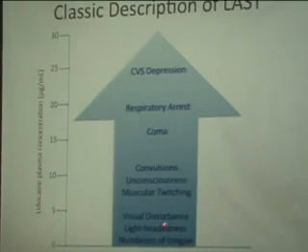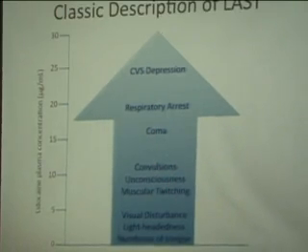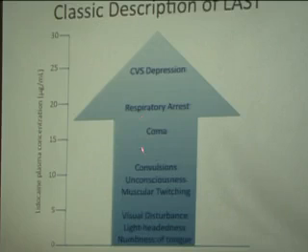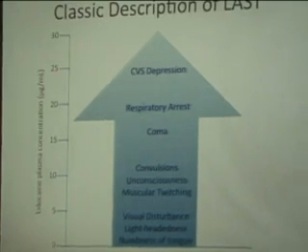The classic descriptions start off with some non-specific symptoms like visual disturbances, lightheadedness, numbness, and tingling, and they go on to excitement of the CNS, and then they go on to the cardiovascular toxicity. In the classic description, the CNS excitement always precedes the cardiovascular collapse, but this is actually not true.